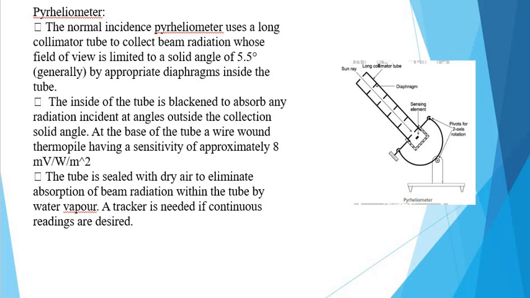At the base of the tube is a wire-wound thermopile having a sensitivity of approximately 8 millivolt per watt per meter square. The tube is sealed with dry air to eliminate absorption of beam radiation within the tube by water vapor. A tracker is needed if continuous readings are desired.